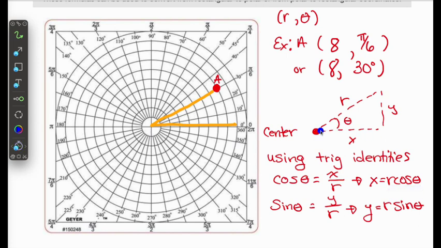And then using that same argument but with sine, because sine is opposite over hypotenuse, we set up the same thing to show the relationship between y, theta, and r. So we have sine of theta is equal to y over r. And then when we solve for y, we get r sine theta. So this is how we are going to go back and forth between the polar coordinates and the xy coordinates.